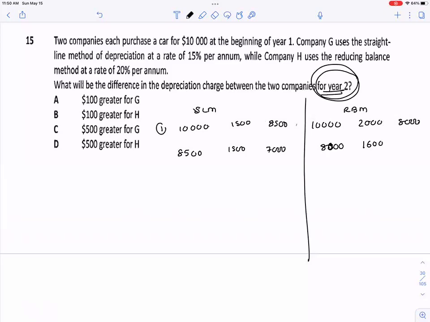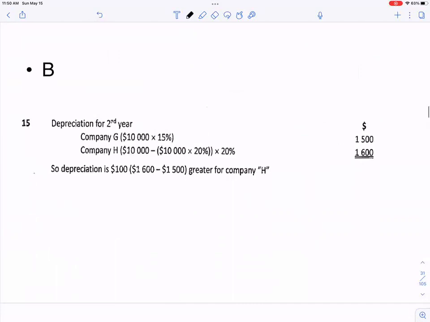So what will this be? 100 greater for H. The difference in depreciation charge is 100 greater for H. Okay, fine.